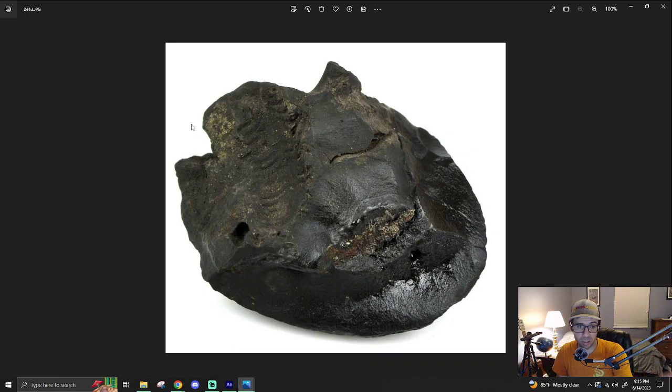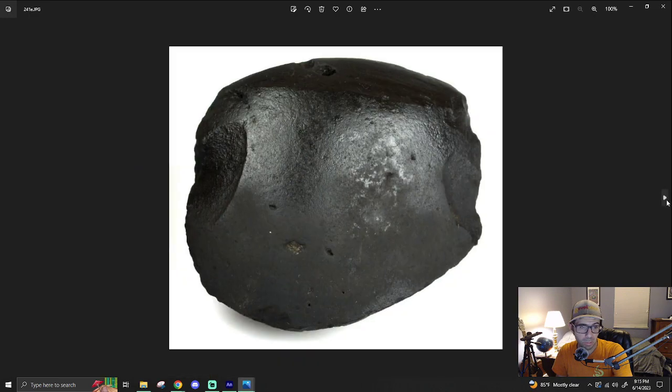From this angle here, it really looks like a piece of a spiral of an ammonite, like this shape. And this is the outside of a shaligram that's significantly bigger than it.